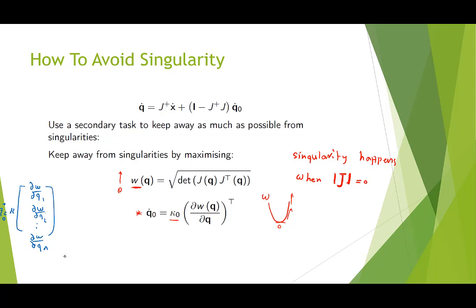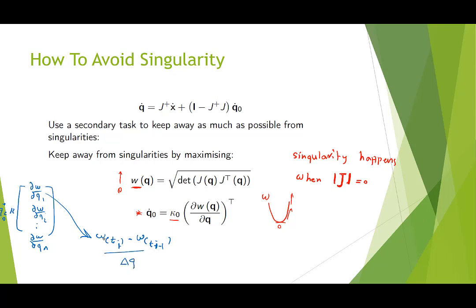And sometimes in practice you want to calculate these numerically. So for the derivative of W with respect to q1, at each time instant you calculate W, then subtract from it the W that you calculated at the previous time instant, divided by the change in q.